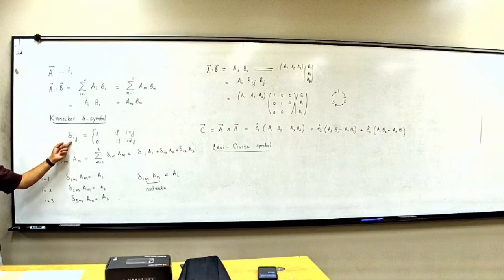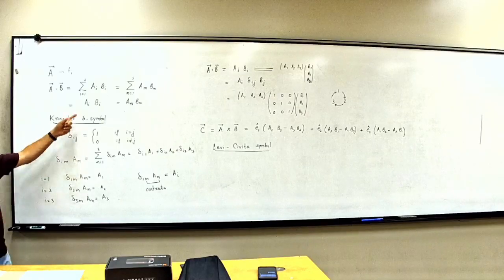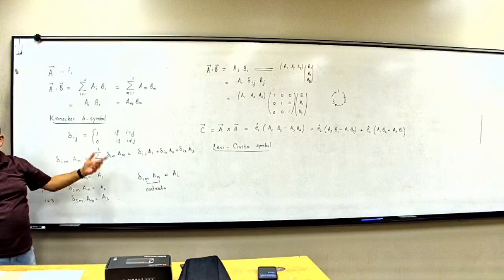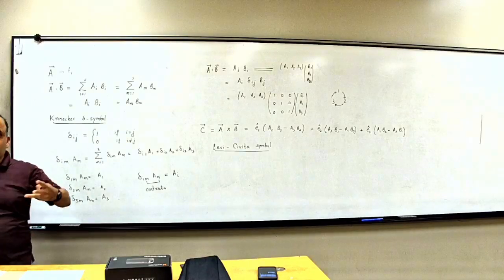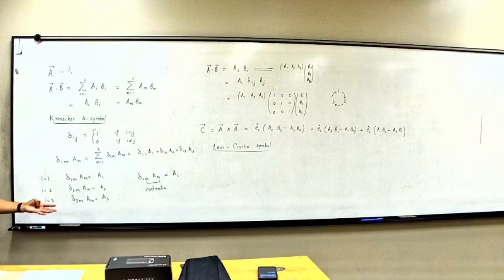A matrix has 9 components, so then you say it is a tensor of rank 2. This is a tensor of rank 1. This is a tensor of rank 2. You can think of a tensor of rank 3 when there are 3 free indices. You can think of a tensor of rank 4 when it has 4 indices.